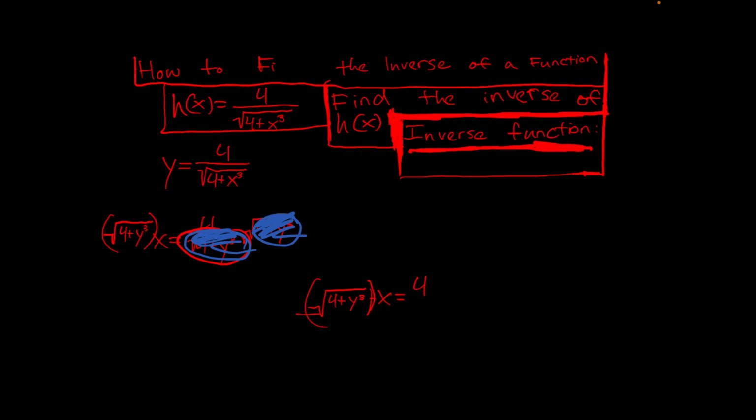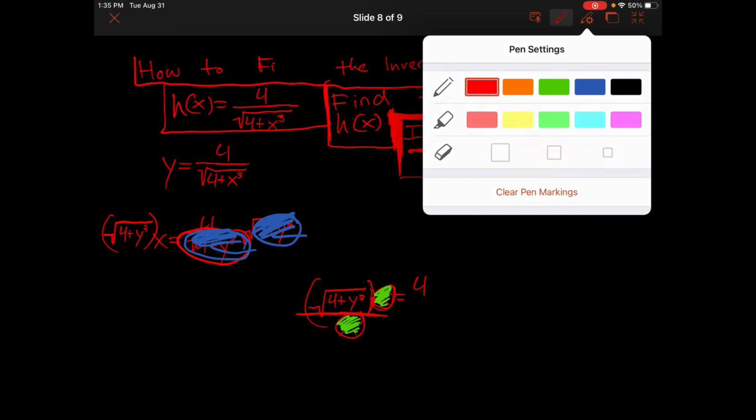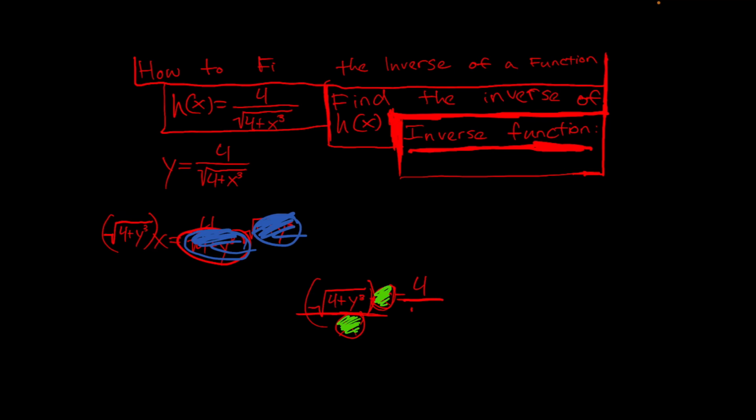Now we're going to divide both sides by x to get rid of this x. So these two cancel each other out. So now we have the square root of 4 plus y cubed equals 4 over x.